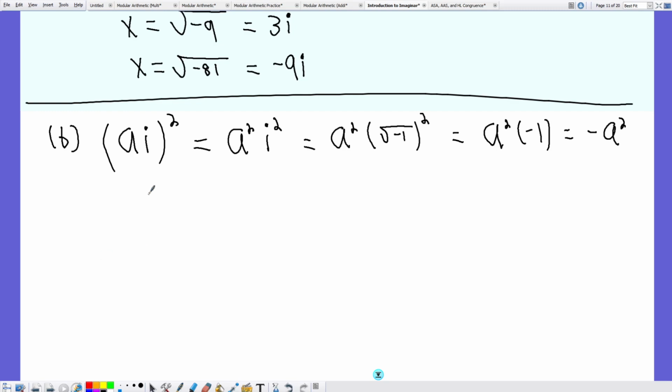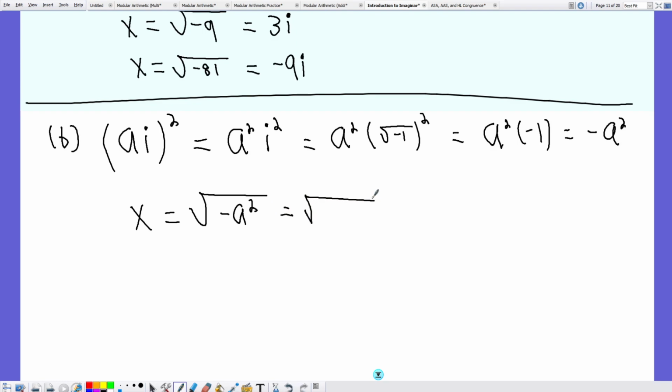So we have this situation where we have that as an equation, like x is equal to, I should say, the square root of negative a squared. Whenever we have that negative inside of the square root, it causes us to get an imaginary value, because you can think of it as we broke it up before.